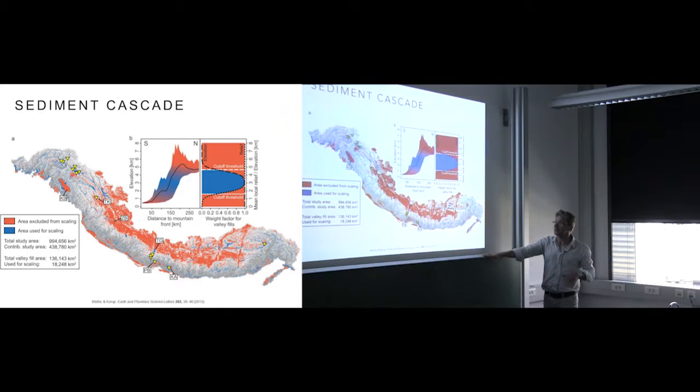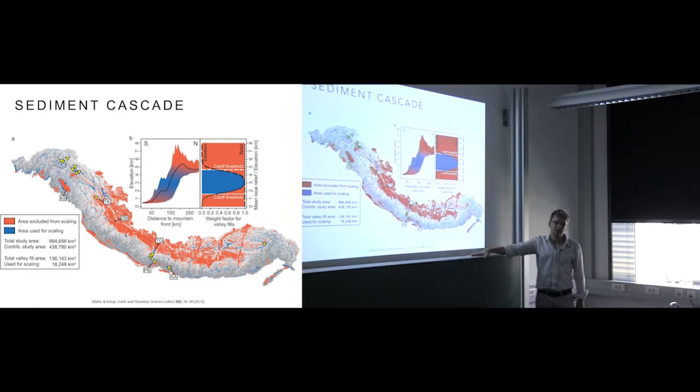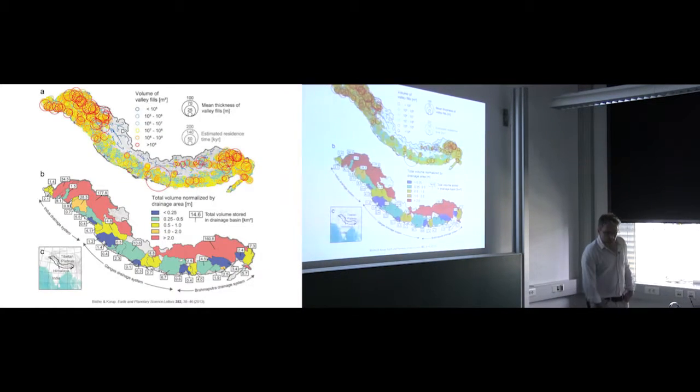Valley fills most likely. But in order to get a better idea of what's happening in the mountain belt itself, rather than on the plateau margin, which is outlined in red here, he filtered a lot of these flat pieces to eventually arrive at one of the first mountain belt scale estimates of how much sediment is sitting around waiting to be eroded.